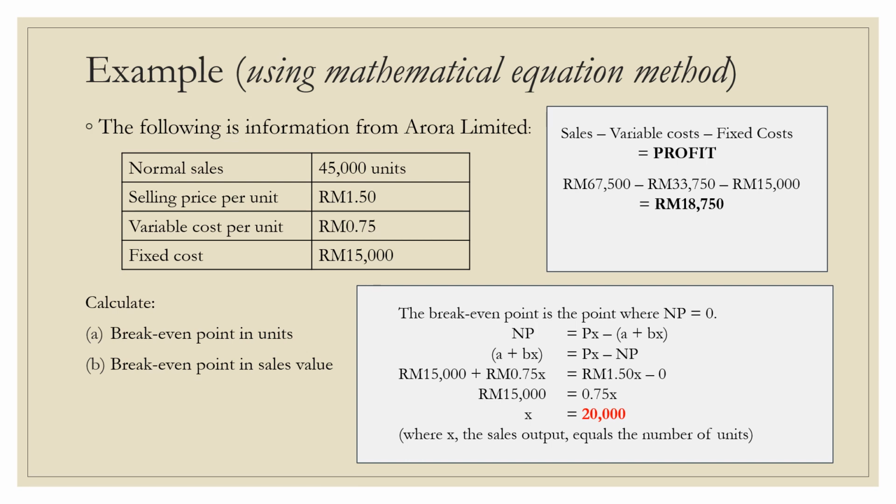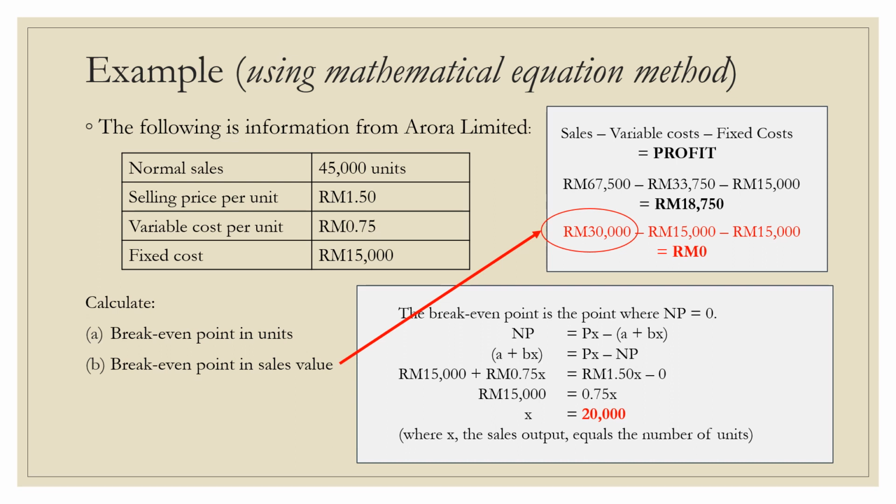Then the next question: if you want to know the break-even point in sales value, you just multiply the 20,000 units by the selling price, and you get 30,000. So 30,000 is the break-even point in sales value.